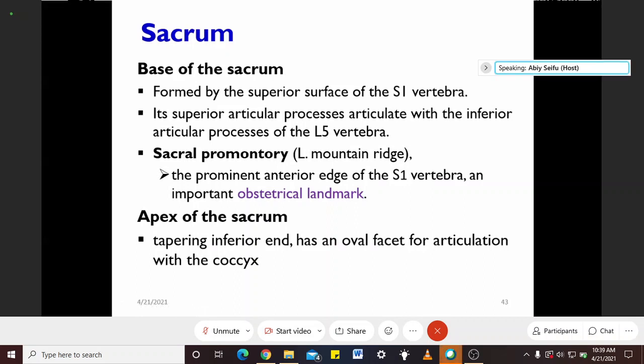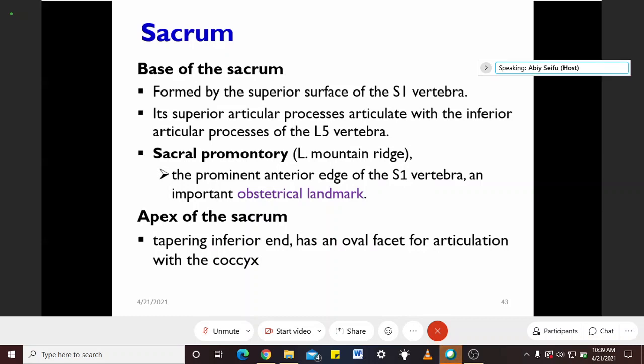This S1, or sacral promontory, is prominent anteriorly and serves as a landmark for obstetricians.